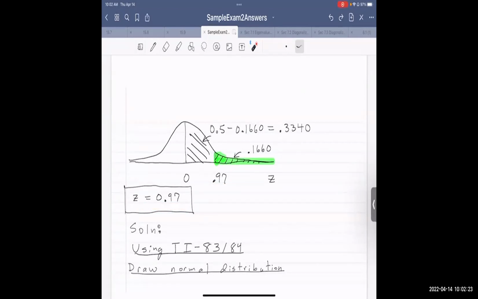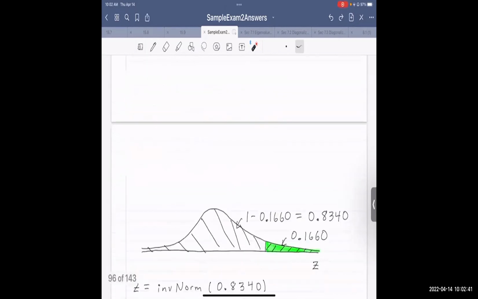I could also do this using technology, and so I could use my TI-83/84. So using the TI-83/84, let me draw my normal distribution.